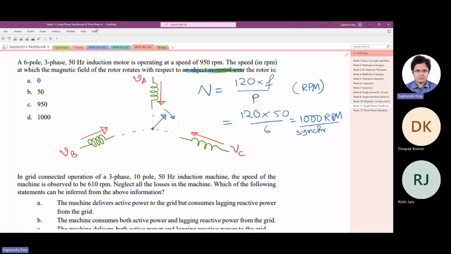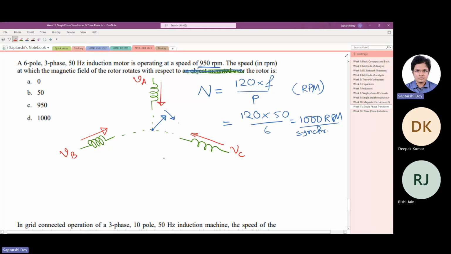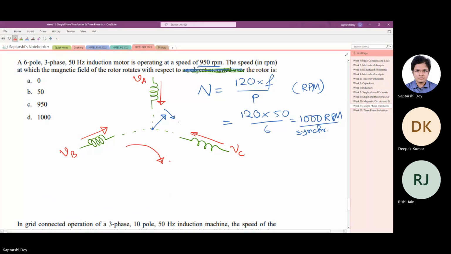But an induction machine is an asynchronous machine. It never runs at synchronous speed. So the rotor is rotating at 950 rpm, a bit less than the synchronous speed. If the magnetic field is rotating in this direction in motoring mode, the rotor also rotates in the same direction but at lesser speed.